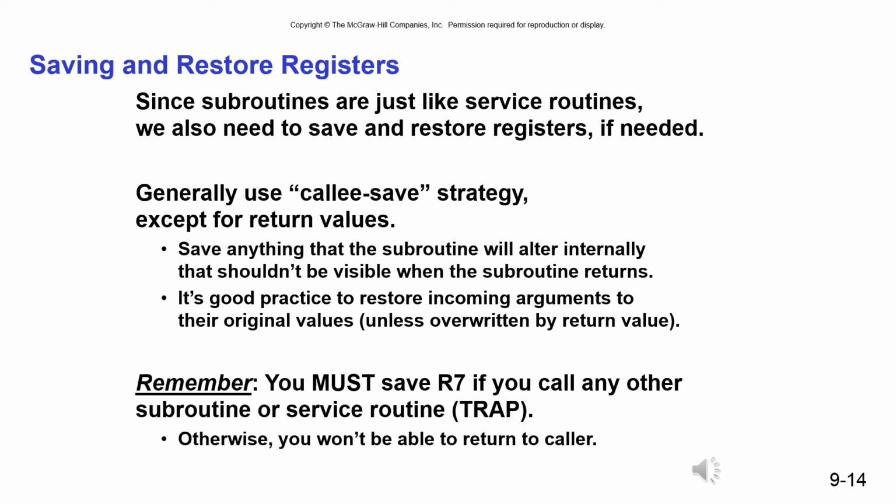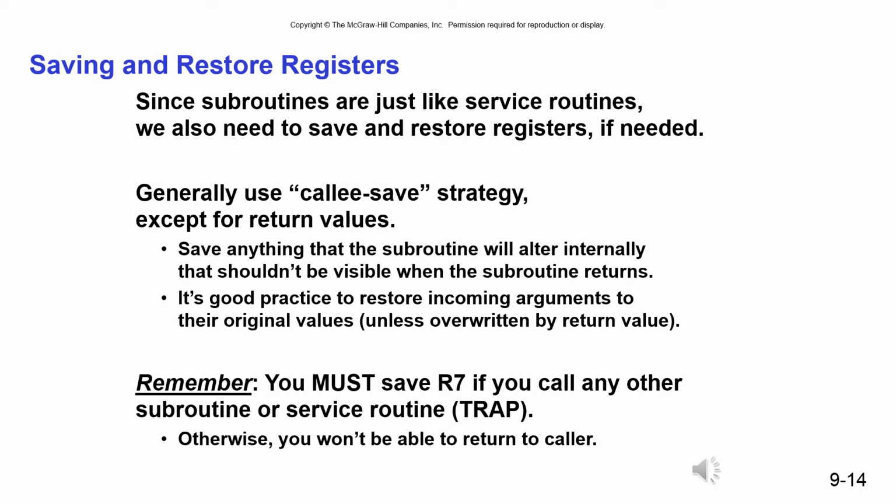So we generally use the callee-save strategy, except for the return values, okay? And we'll get to that in a second. So save anything that the subroutine is going to alter that shouldn't be visible when the subroutine returns. And it's good practice to restore incoming arguments to their original values unless they're overwritten by the return value.